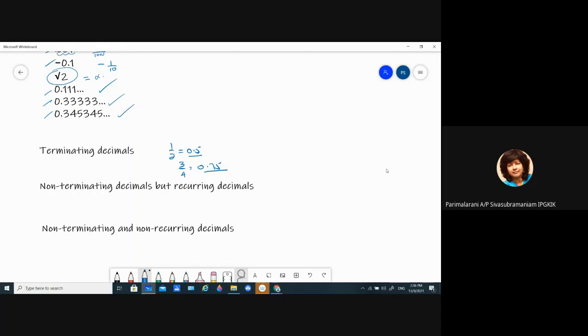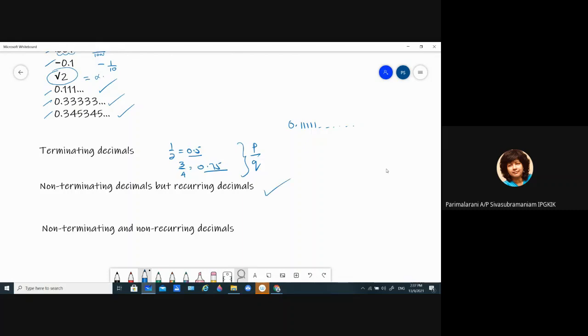All terminating decimals can be represented as a fraction P over Q, where Q is not equal to 0. So all terminating decimals are rational numbers. If you have a number like 0.11111 and so on, this is a non-terminating decimal, but it is a recurring decimal because the decimal digit keeps repeating.